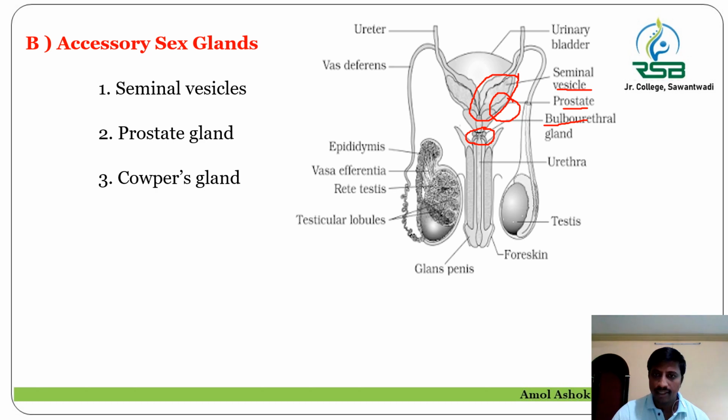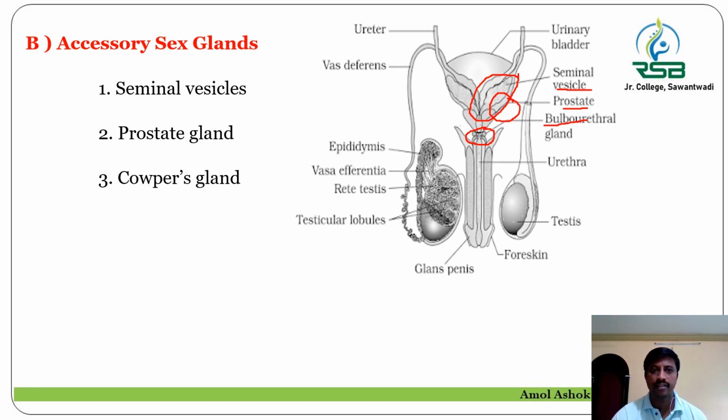So these are the exact locations of the seminal vesicle, prostate gland and bulbourethral gland, which is also called the Cowper's gland. Now let us come to know the exact structure of these specific glands.